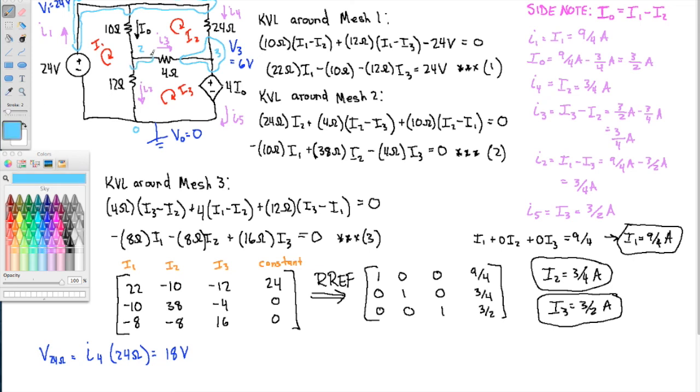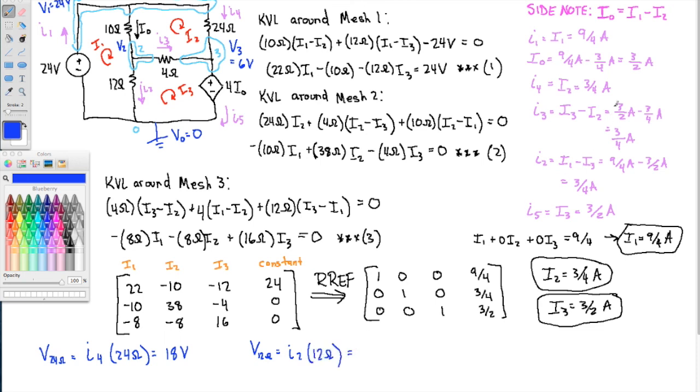Okay, what about node 2? What is its voltage? Alright, well, we could get this in a couple ways. I'll just choose to find the drop across the 12 ohm resistor. The drop across the 12 ohm resistor is I2 from Ohm's law times 12 ohms.